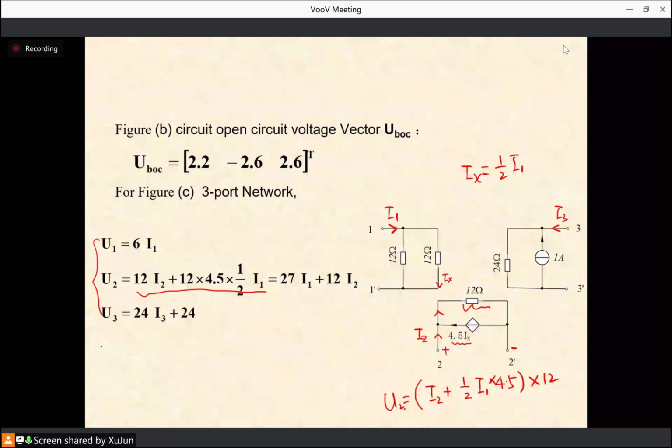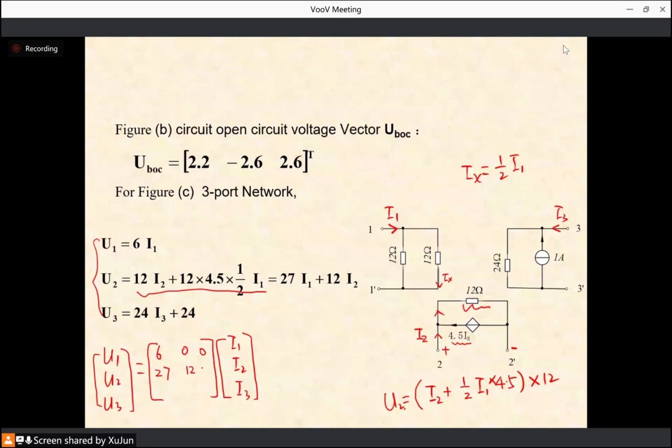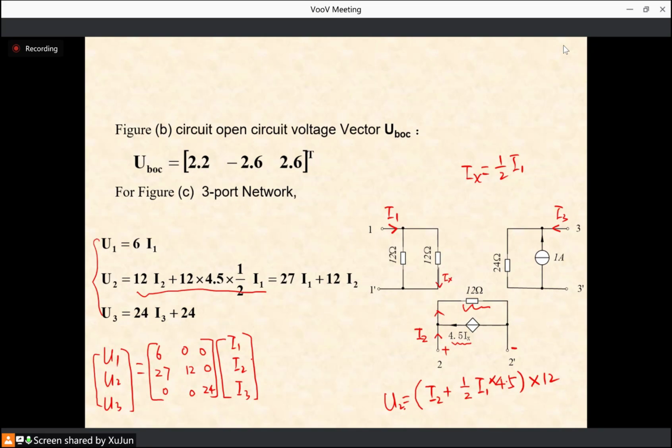It will be U1, U2, U3 equal to 6, 0, 0; 27, 12, 0; 0, 0, 24 times I1, I2, I3, plus 0, 0, 24.